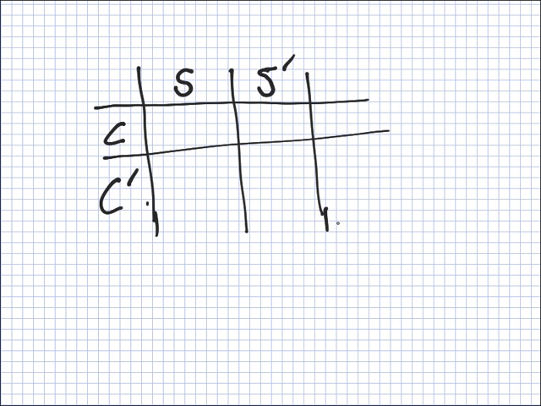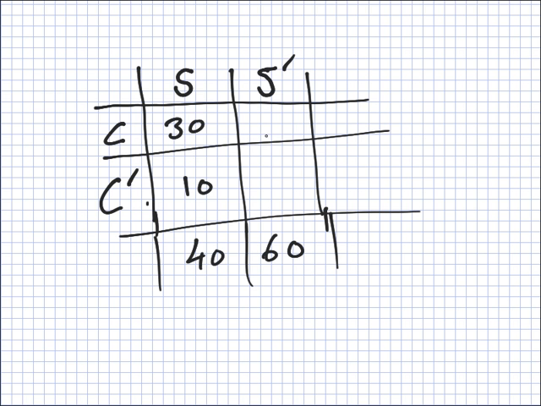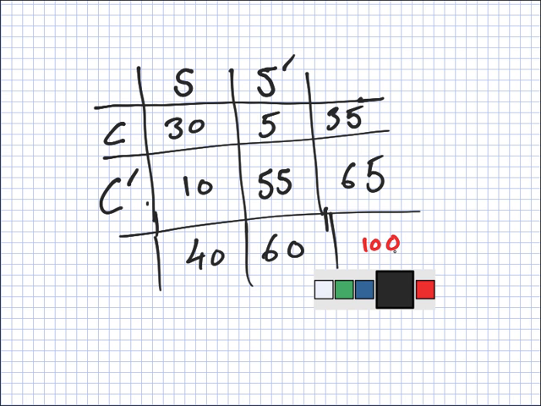Let's say we have 40 smokers and 60 non-smokers. And 35 people with cancer and 65 people without. And the total is, we can see, 100.